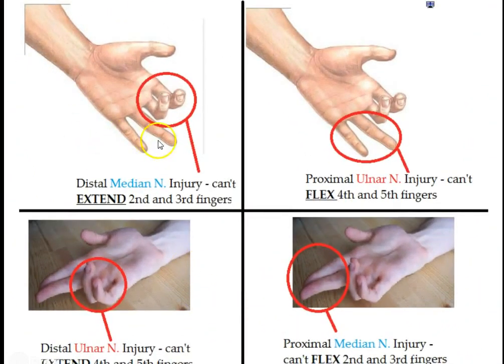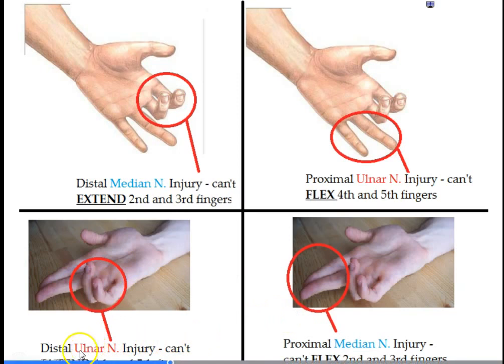Well, I mentioned very briefly the median nerve, and we'll go through that, but with the ulnar nerve, you would lose the ability to flex your fingers or extend your fingers. Depending on what part of the ulnar nerve gets damaged, if it was the proximal ulnar nerve, you can no longer flex the fourth and fifth digits. These, your ring finger and your pinky finger, you can't bring them in. So you'll have your pinchers, you can use the thumb and your first two fingers.